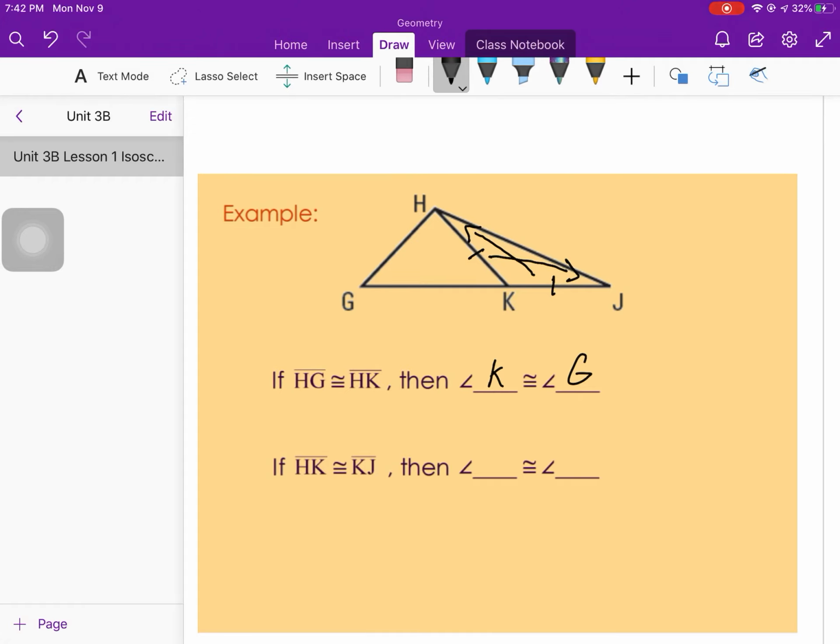So if we want to be specific with this one, and I should have been more specific before, I shouldn't have just said K. The first angle, this one up here, is KHJ, H being our vertex, and then this one down here is KJH.